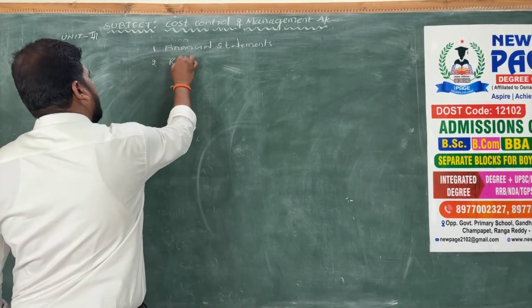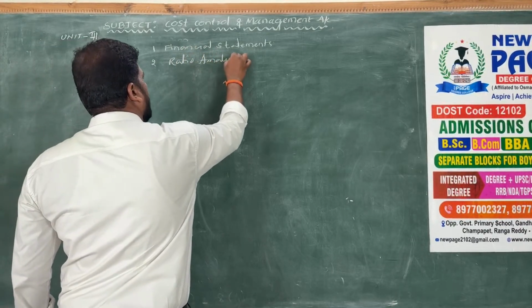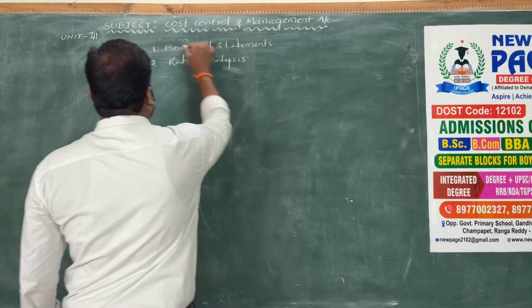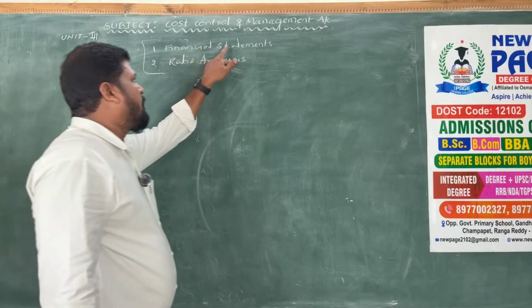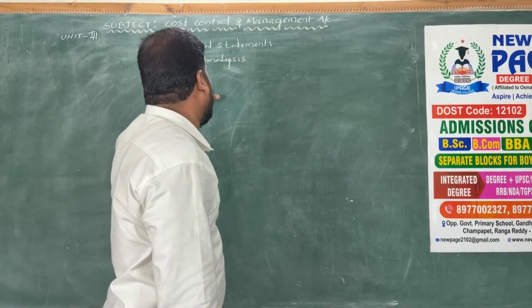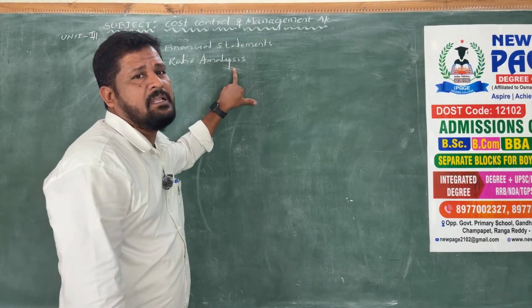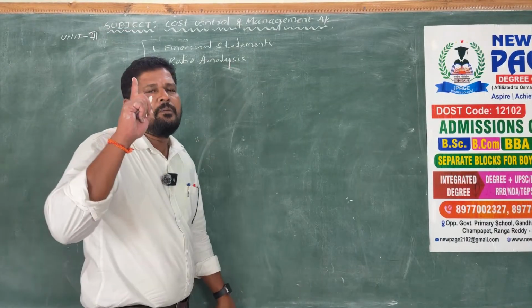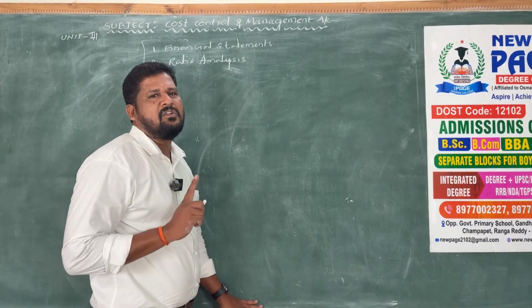Second chapter is ratio analysis. Okay. One question given from the financial statements chapter. Another question given from the ratio analysis chapter. Right. One question related to theory question. Another question will be problematic question.